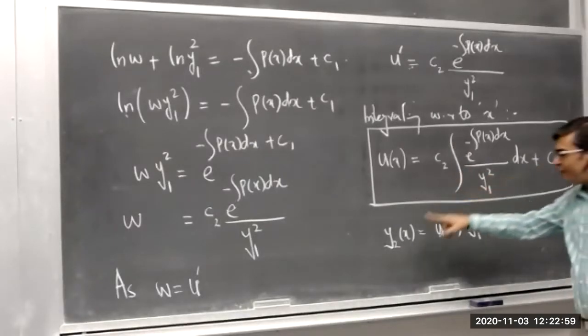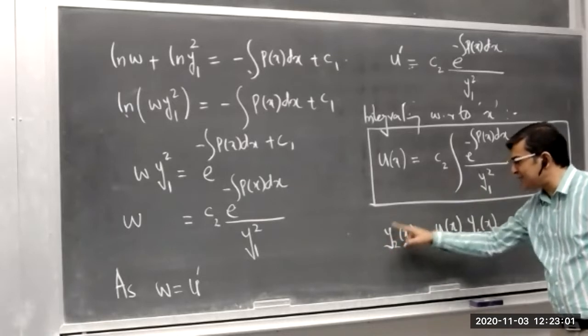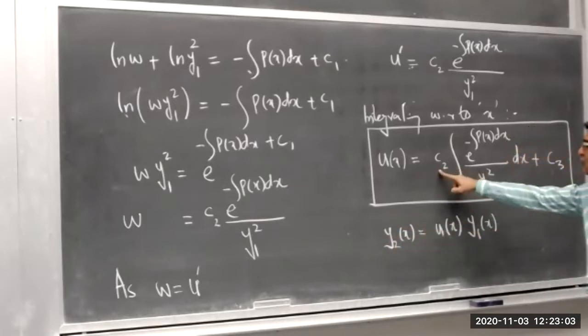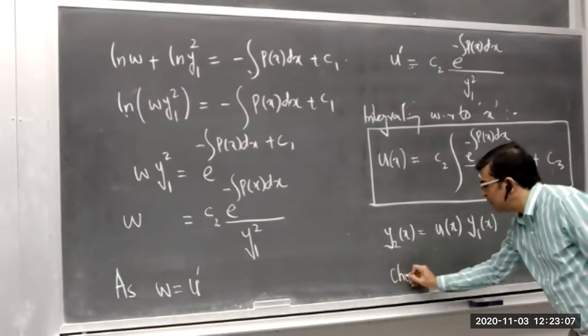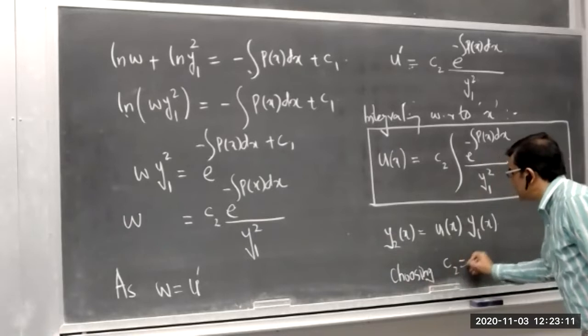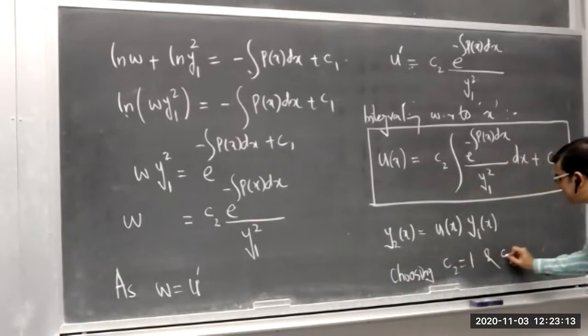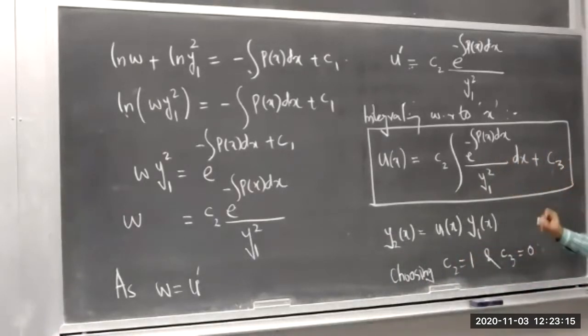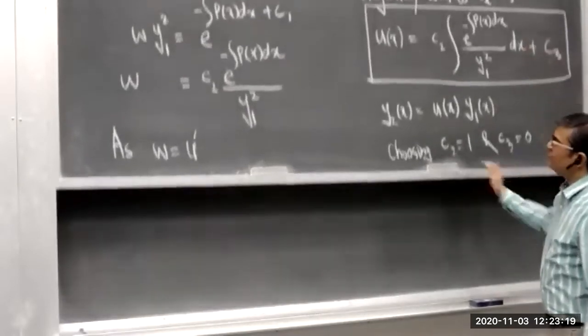Now, if we want to have a linearly independent solution y2, then we can choose these constants: choosing C2 is equal to 1 and C3 is equal to 0, we can write the final solution y2 in this form.